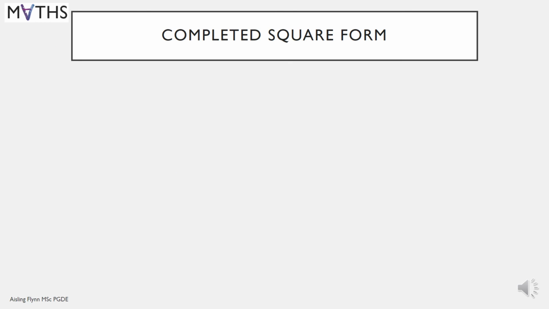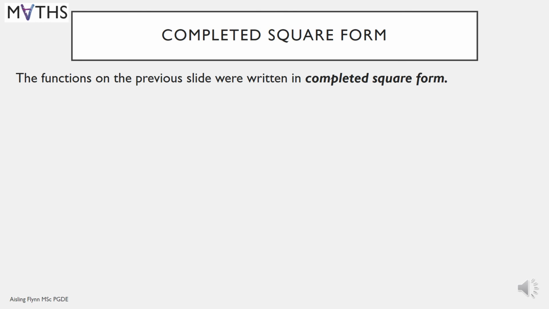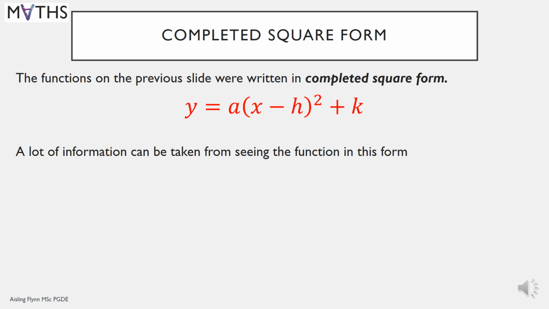Completed square form. The functions on the previous slide were written in what's called a completed square form. They looked like this: y equals a times (x minus h) squared plus k. And we saw how useful that was, how much information that gave us for sketching graphs. A lot of information can be taken from seeing the function in this form.